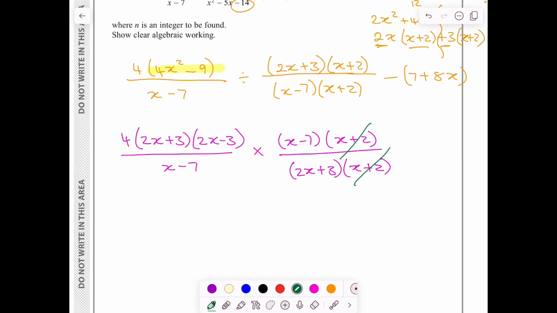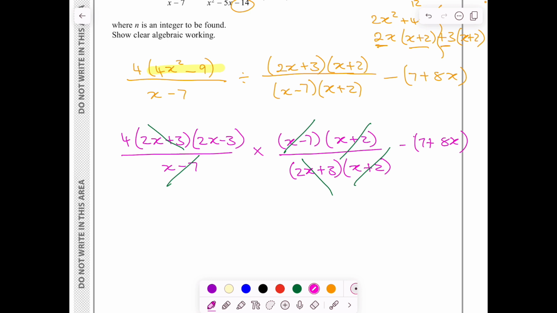Now, looking across, I can cancel out some more things. The x take away 7 cancels out the x take away 7 here. And then the 2x plus 3 cancels out the 2x plus 3 here. And so what you've actually got left on this side, and actually I realise I've forgotten the minus 7 plus 8x here.